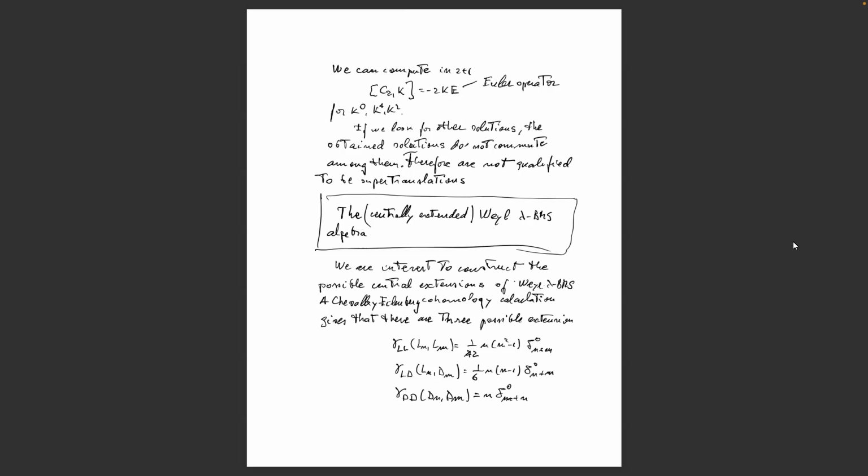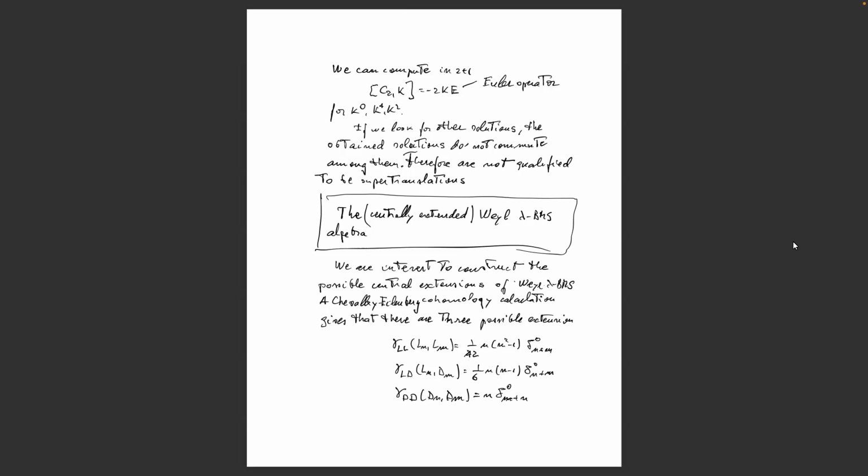There is an extra one coming from L and dilatations, and a third one coming from the dilatation with itself. That's a well-defined mathematical problem. There are no more, there are three, and that's it.